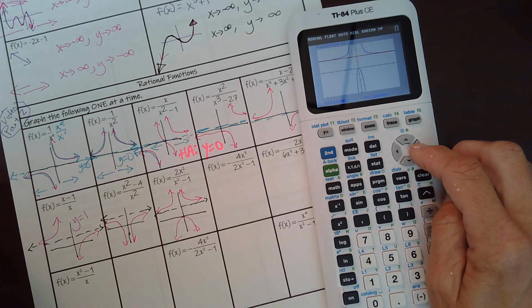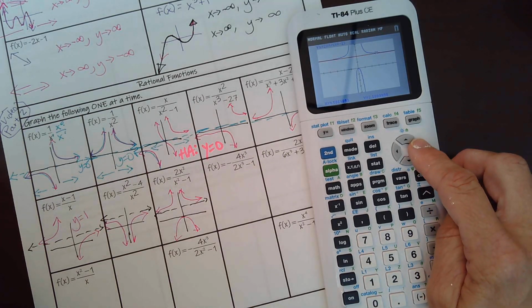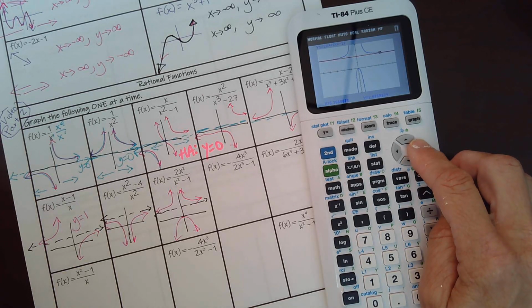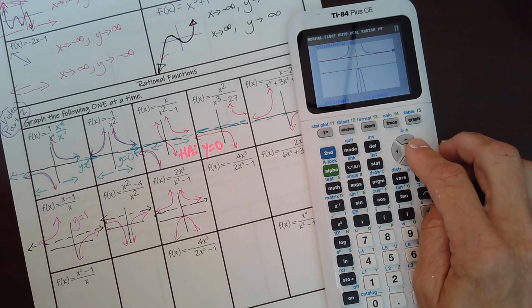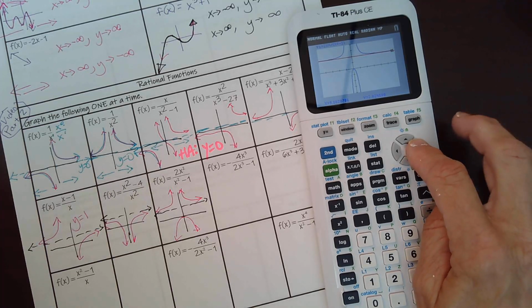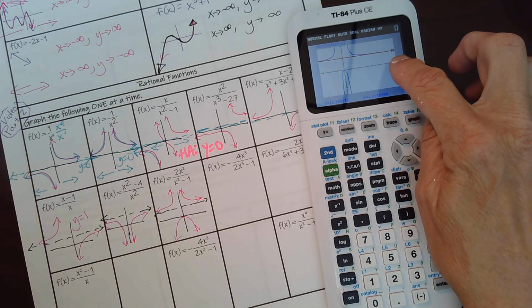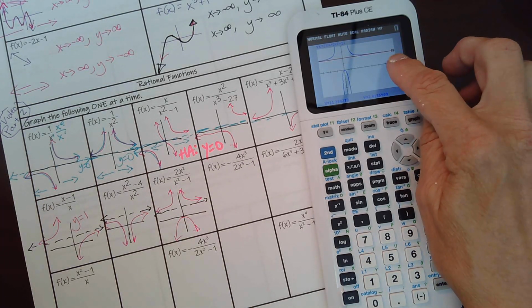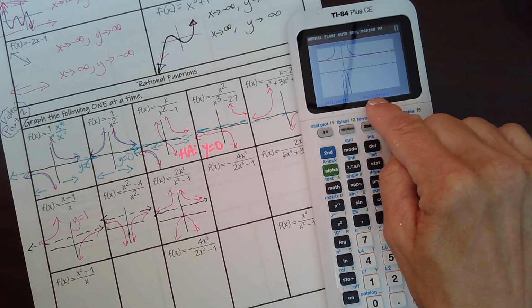So your y values, as I move along this graph, as x gets bigger and bigger and bigger, the y values are decreasing, and they continue to get closer and closer and closer to 2. So even though that cursor looks like it is sitting on or intersecting the horizontal asymptote, it is not.